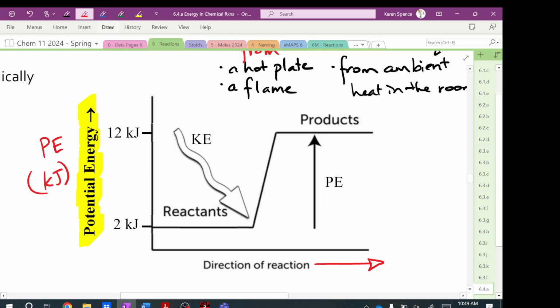We're starting with the reactants, and we're finishing with the products. If you recall, the reactants contain 2 kilojoules of potential energy, and the products contain 12 kilojoules. So as we go from reactants to products, the potential energy must increase.